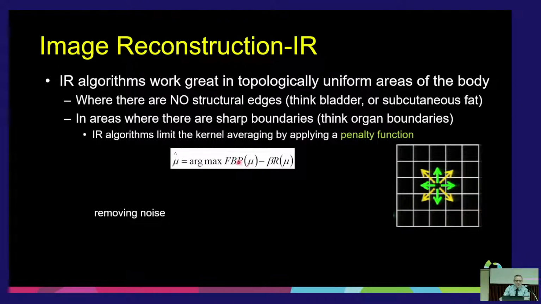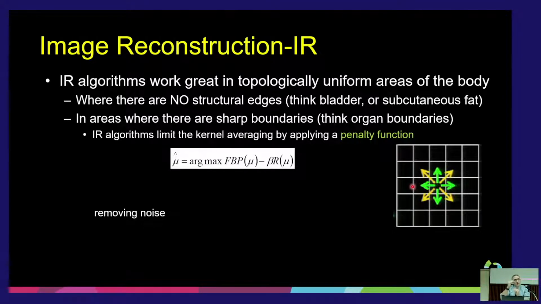When we use iterative reconstruction to create an image, we're basically looking at every pixel and comparing that pixel with its neighbors. We say, if I look at these 9 pixels, I have a certain amount of variability.